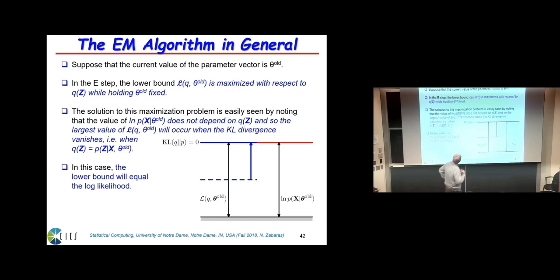We try to maximize the lower bound, but on this step we take the parameters to be constant, so we maximize with respect to the distribution Q.